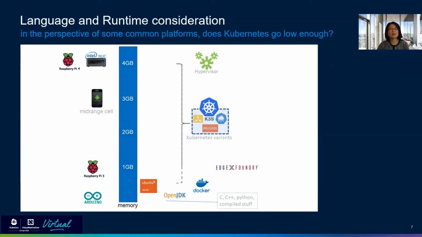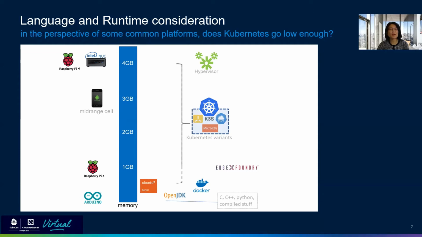Here, let's take a deeper look. A Raspberry Pi 3 has 1 GB memory, and the Intel server has 4 GB. Each application can be written in C, Rust, C++, .NET, Golang, Node.js, Java, a lot of languages.